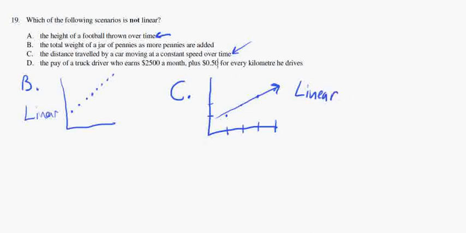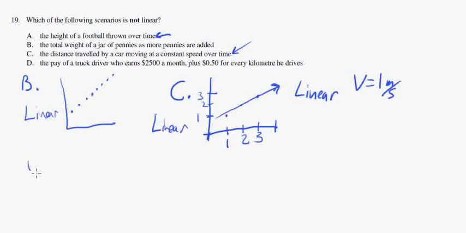Because again, my speed is constant, so every time I travel a certain amount of time, I will move a certain amount of distance. I'll use a numerical example. Let's say if our speed, we'll call it v, was 1 meter per second, then every second I would go up 1 meter. So 1 second goes up 1 meter, 2 seconds goes up 2 meters, 3 seconds goes up 3 meters, and so on. And this would be a very linear relationship, so that's good. So C is linear.